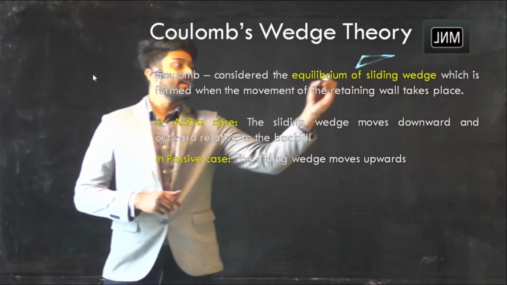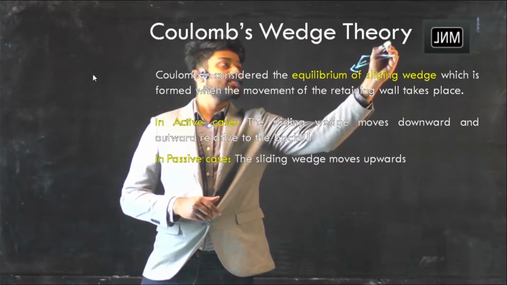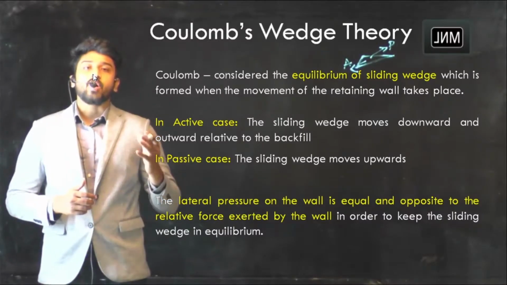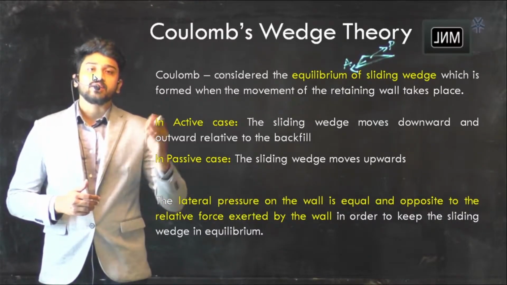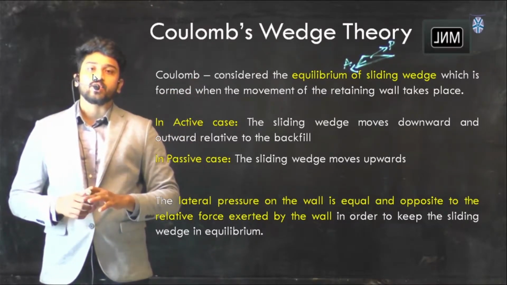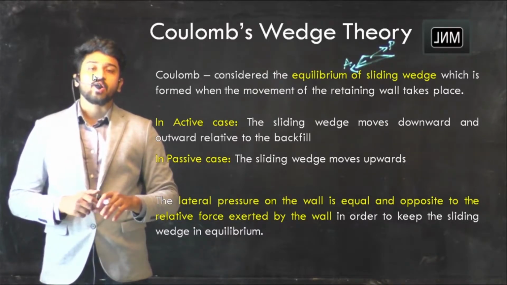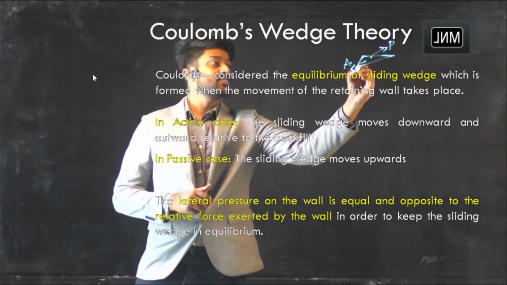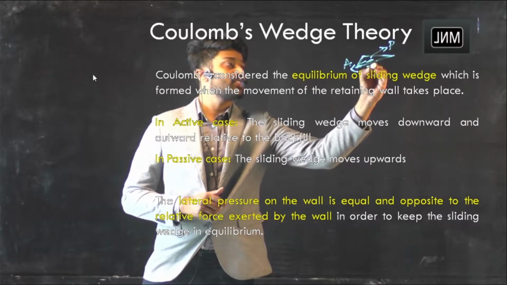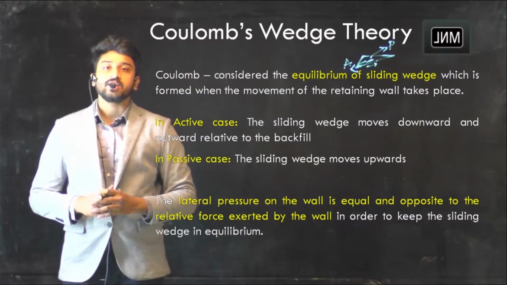To maintain the wall and the wedge in equilibrium, whenever the sliding wedge is moving downwards, a resisting force of equal and opposite magnitude acts along the surface. If it is moving downwards along the surface, the resisting force is offered by the soil in the opposite direction to maintain equilibrium.